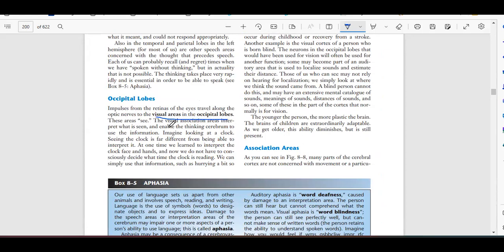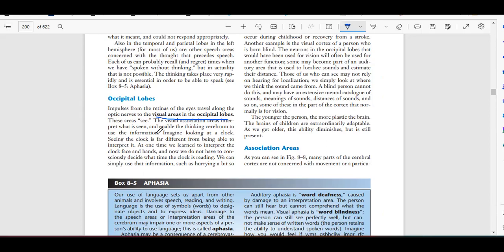This area, the visual area, interprets what is seen and enables the cerebrum to think and use the information. So here, in the eyes we have the retina. We have nerves connected to the retina.